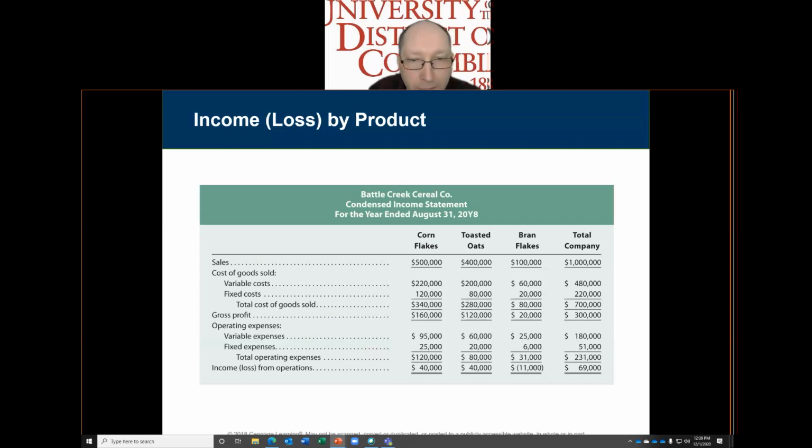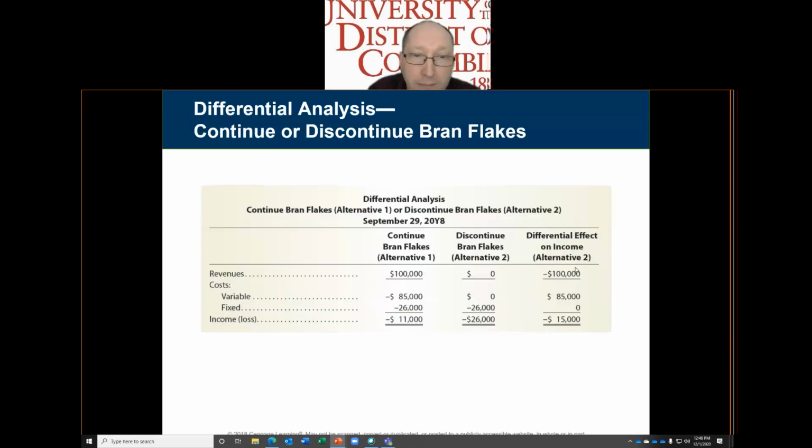So let's look at Post Cereal. The Post Cereal company produces Corn Flakes, Toasted Oats, and Bran Flakes as products. We have sales, cost of goods sold, fixed costs, operating expenses, things like that. So we have product 1, 2, 3, which total $1 million in total company sales. So we have our 3 products and our total company.